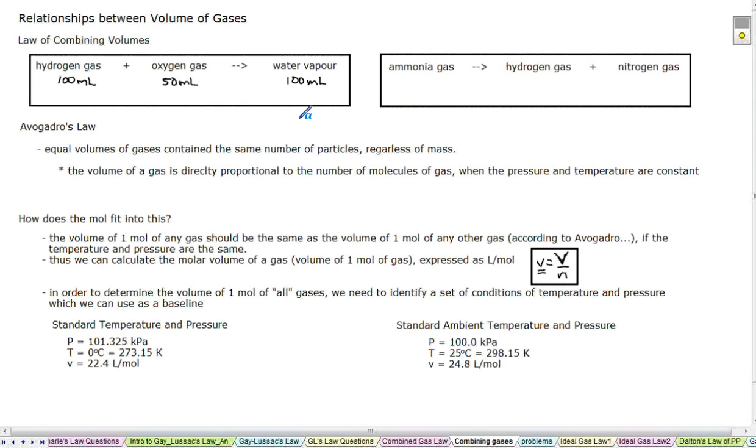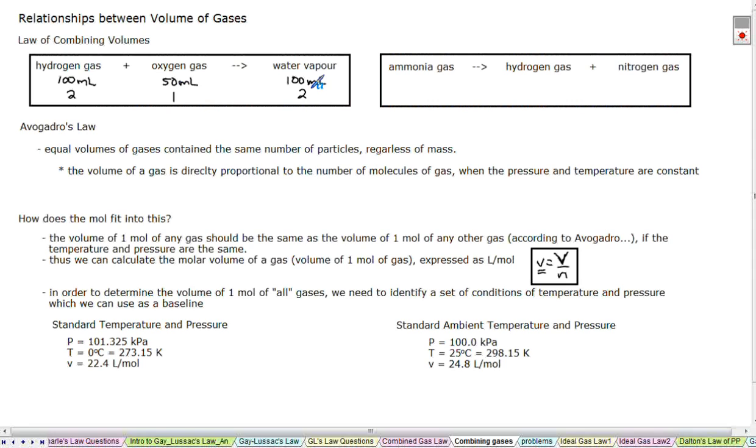Say he did 50 mL of hydrogen gas, it would require 25 mL of oxygen and produce 50 mL of water vapor. And he found that there was a set ratio of 2 to 1 to 2 in this chemical reaction in terms of liters or units of gas.